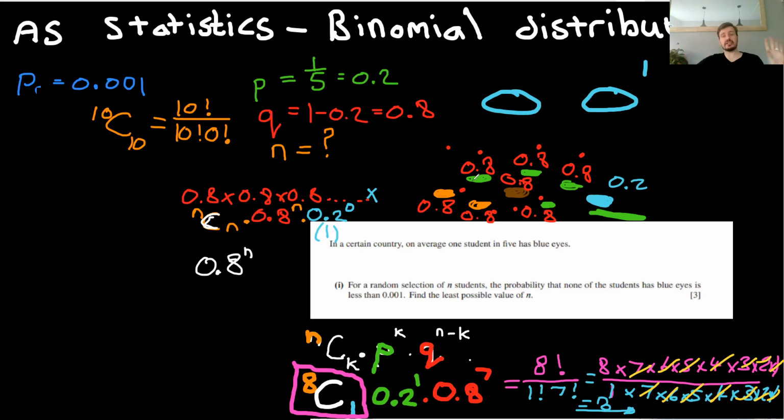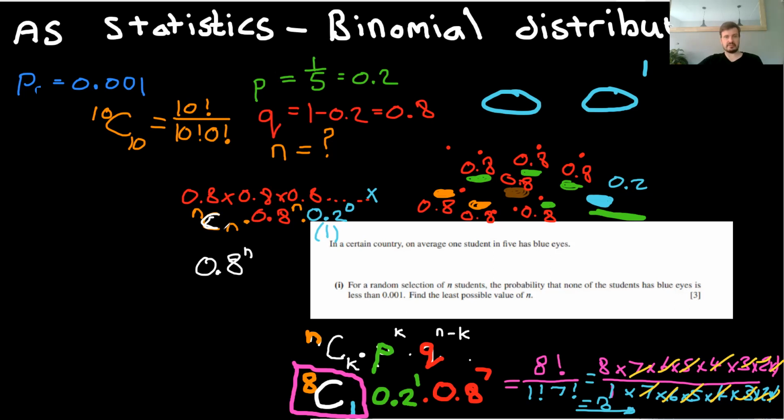So there were 8 different ways where you could have 8 students and one of those 8 students having blue eyes. And so that is what this 8 combination means. And then this bit is the 1 student who has the blue eyes, and then the 7 that have not blue eyes. Okay, so that's just what this nCr means.